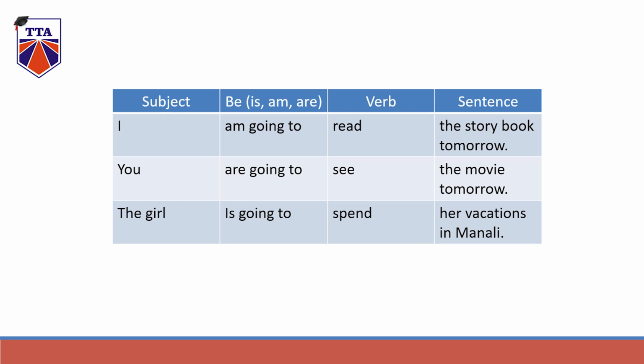So you can see that I, you and the girl are the subjects. Am, are, is are the forms of be. Read, see and spend are the main verbs, and the rest of them are the remaining sentence. So in this manner you will be using be going to in sentences.